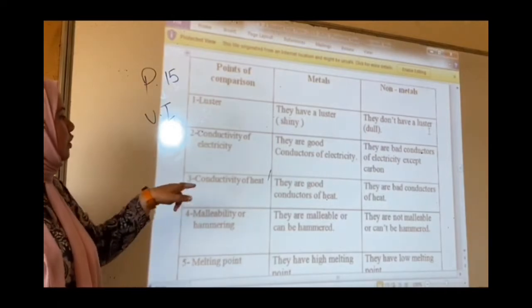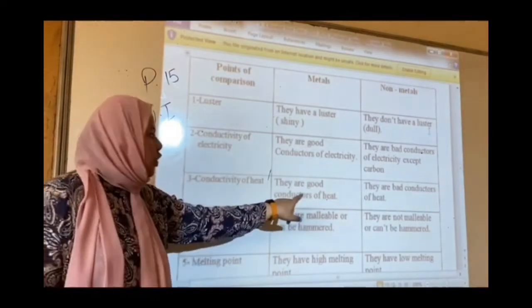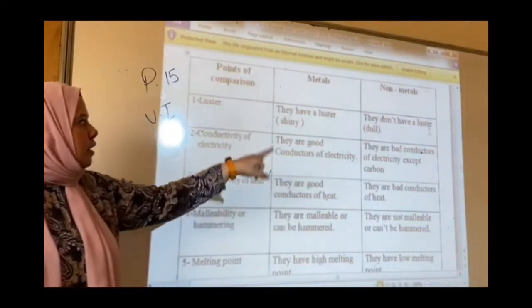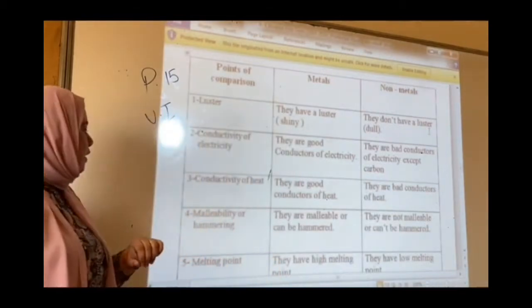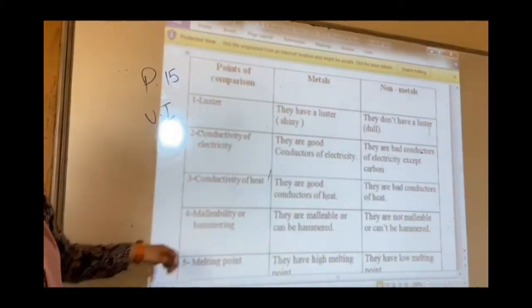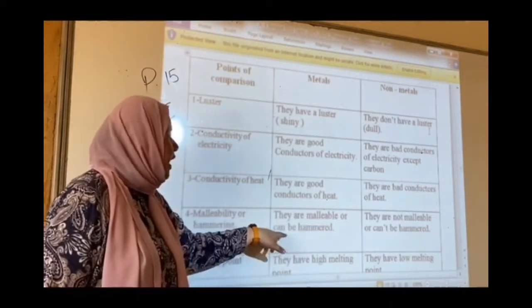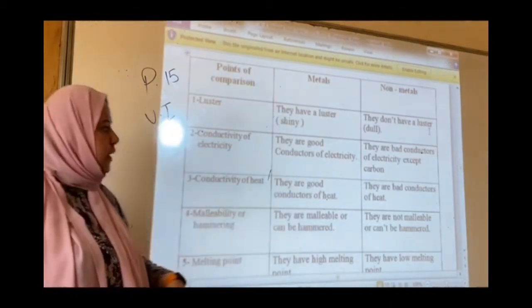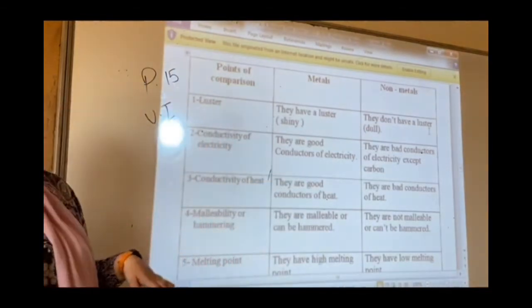Number 3, conductivity of heat. Metals are good conductors of heat. Non-metals are bad conductors of heat. Number 4, malleability or hammering. Metals are malleable. They can be hammered, bent, or reshaped. Non-metals are not malleable.